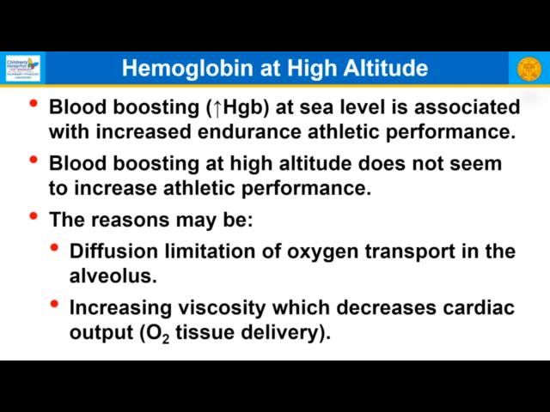Blood boosting, that is, increasing hemoglobin at sea level, is associated with increased endurance athletic performance. Blood boosting at high altitude, however, does not seem to increase athletic performance, and the reasons may be diffusion limitation of oxygen transport and the increasing viscosity, which decreases cardiac output and therefore decreases O2 tissue delivery.